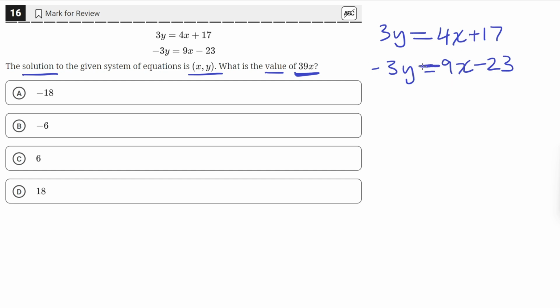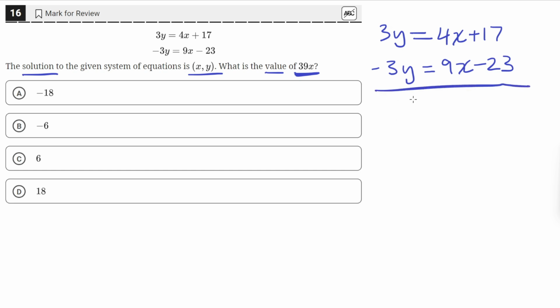But since we know that these two things are equal, we're basically doing the same thing to both sides. So the equation still remains true, because we know that negative 3y equals 9x minus 23, even though they don't look similar. But since they're equal and we're applying them to both sides, it doesn't change the equation.